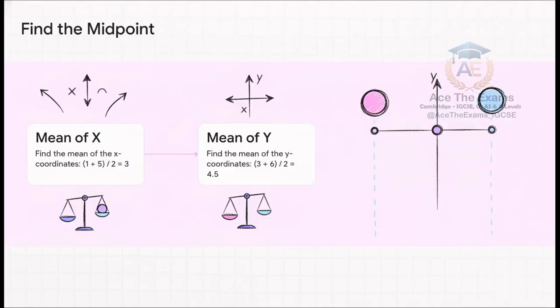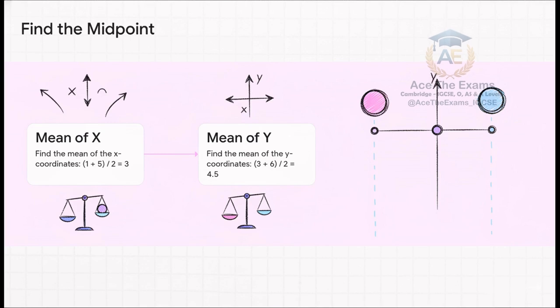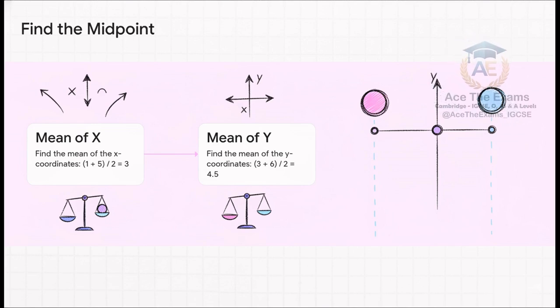Okay, so we know exactly how far apart our 2 points are now. But what if we want to meet exactly in the middle? To find this middle ground, without even needing to sketch the points on a graph, we just have to find the average. It's actually incredibly straightforward. Step 1, find the mean of the x-coordinates. We take our 1 and our 5, add them up to get 6, and cut that in half, dividing by 2.